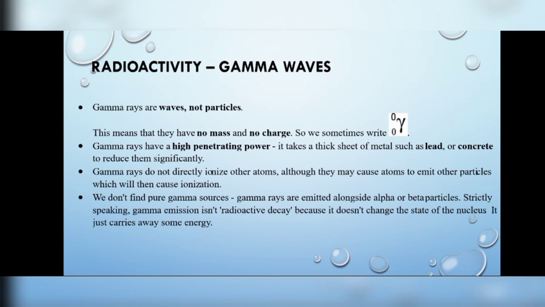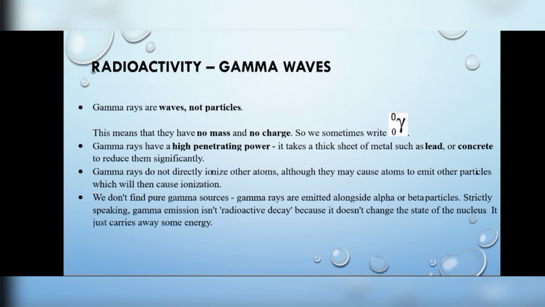Gamma rays. Gamma rays are waves, not particles. This means that they have no mass and no charge. Gamma rays have a high penetrating power. It takes a thick sheet of metal such as lead or concrete to reduce them significantly.